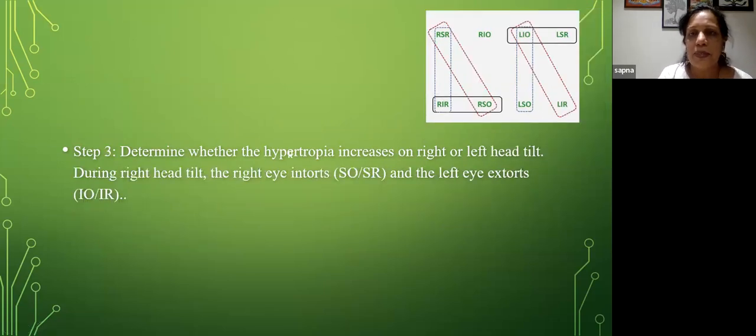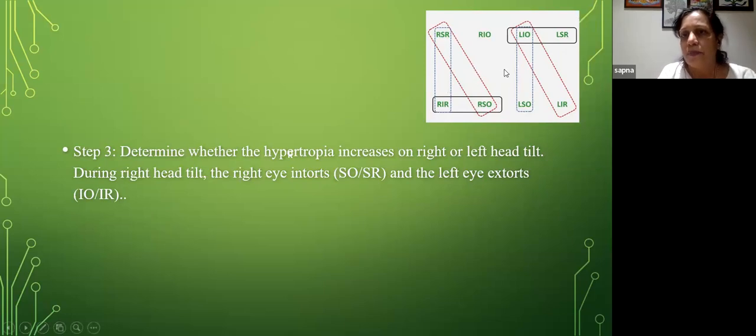Then the third step is the head tilt to the right side and the head tilt to the left side, to see whether the extorters are more paralytic or the intorters. So the easy way to remember is if it is on the right side, you mark the right. If it is on the left, you mark it like this.